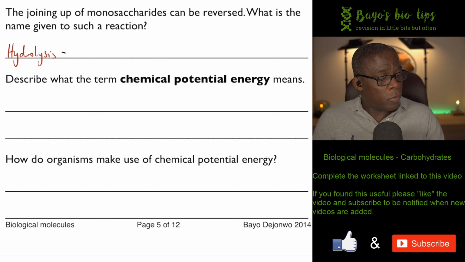Hydro for water, and lysis means to cleave or to split. So hydrolysis is the splitting of a molecule using water molecules. So splitting a molecule using water.